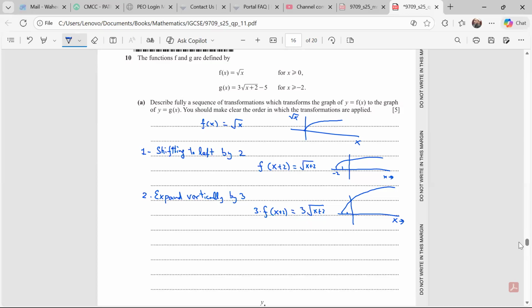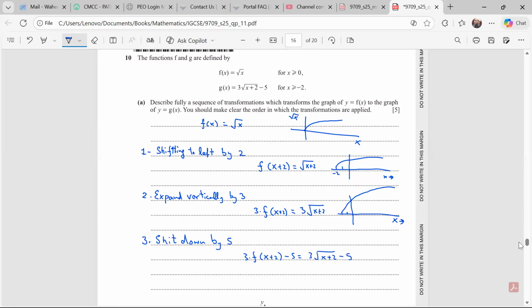And then the third step is shifting down by 5. So the new function will become 3 f of x plus 2 minus 5. So it is 3 times root of x plus 2, minus 5.